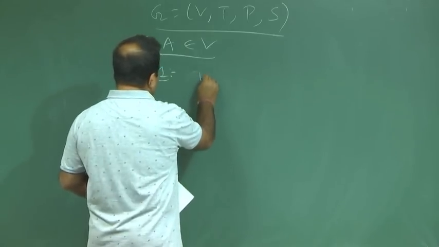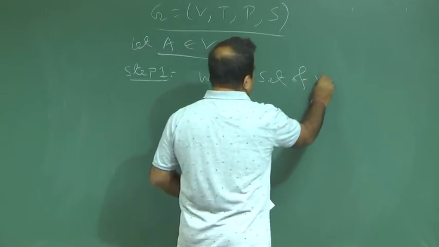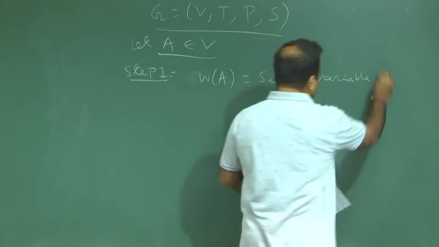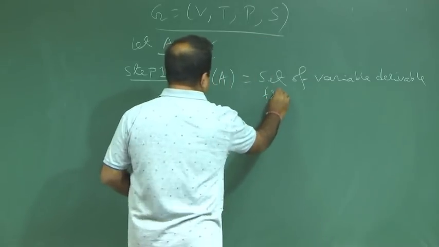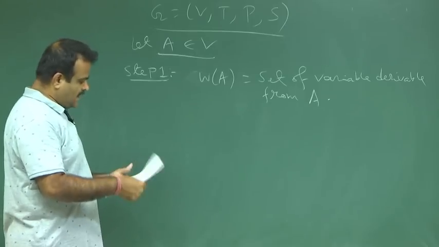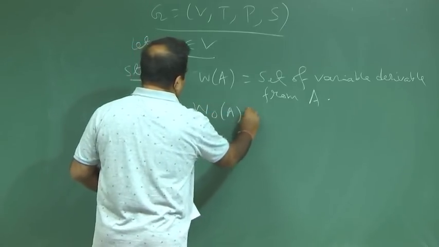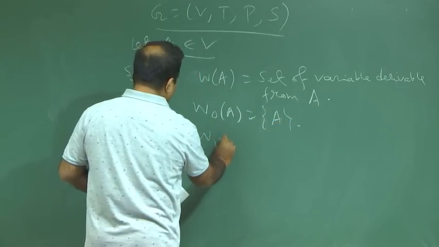We denote it by WA. WA is the set of variables which are derivable from A, and we do that recursively like this. Obviously, A is derived from A, so we put A first, and then proceed recursively like this.